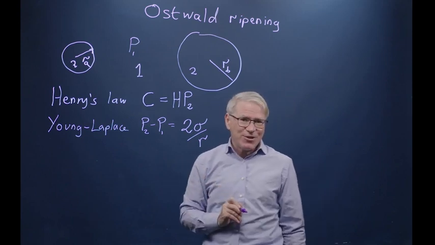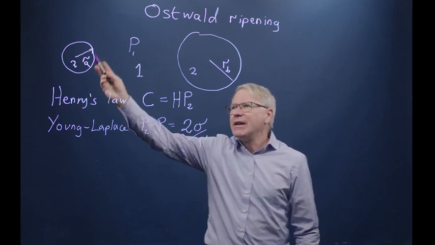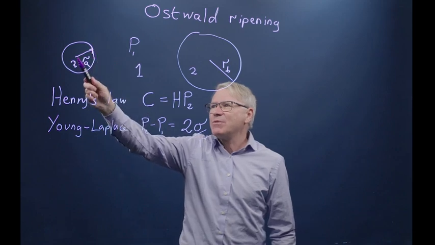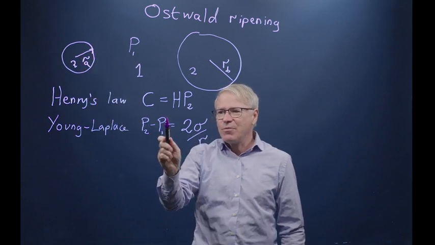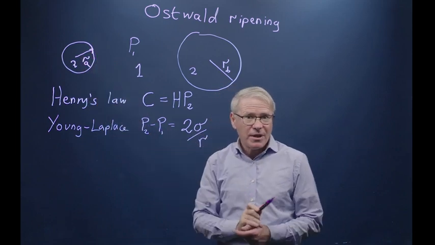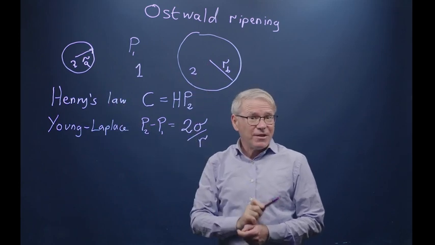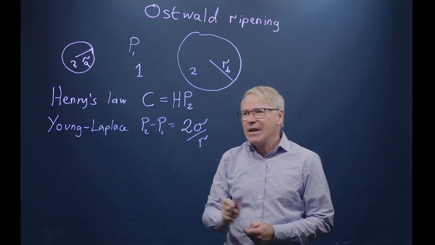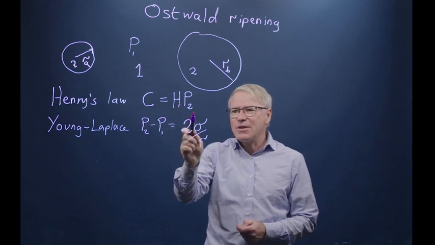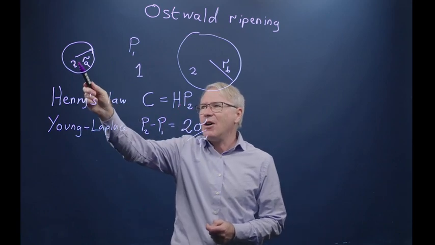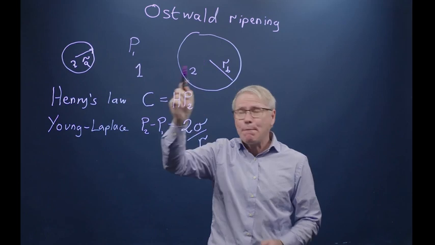Now, what are the implications? This bubble has a smaller radius, which means that the pressure difference between it and the aqueous phase is larger than it is for the big bubble. And then from Henry's law, this means that P2 is higher here than here.